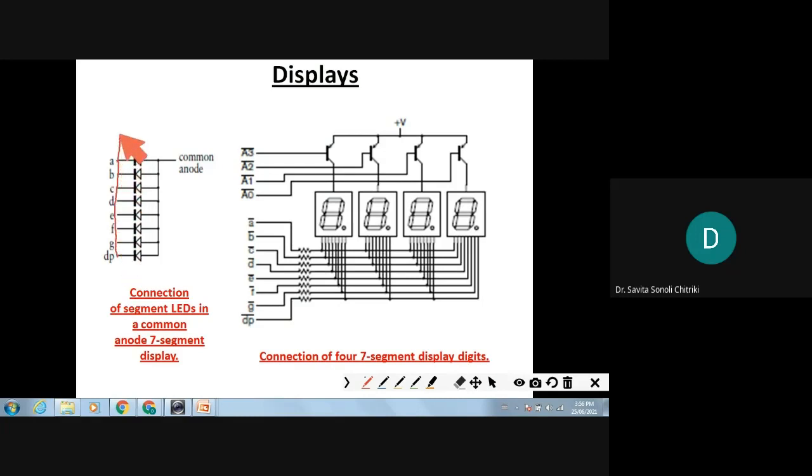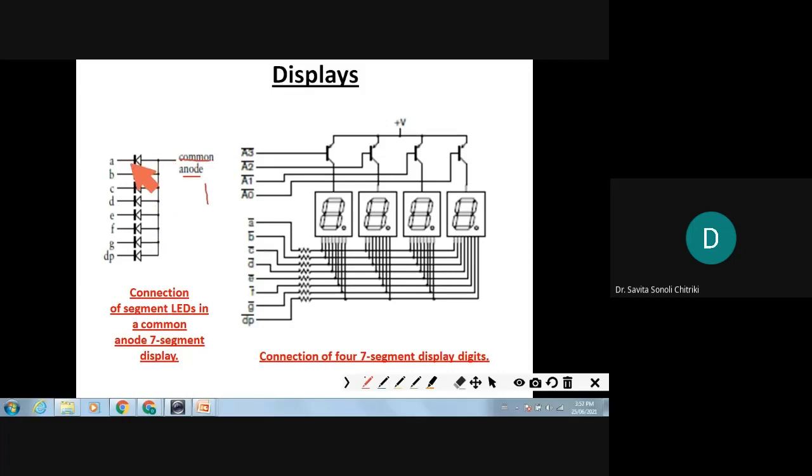And this will be connected to 0, right? And each anode you should be connecting to 1, right? So depending on that, because this is an anode, forward bias has to happen, so that time it will be lit. If you don't want it to light, it has to be connected to 0 so that it will be reverse biased, right? In common anode, all of these are connected, this will be connected to high only, right?